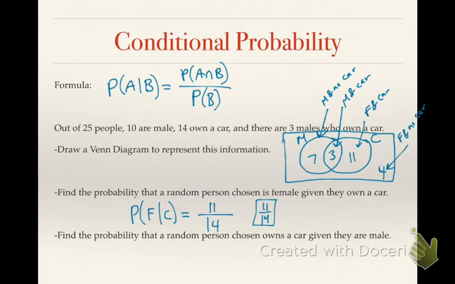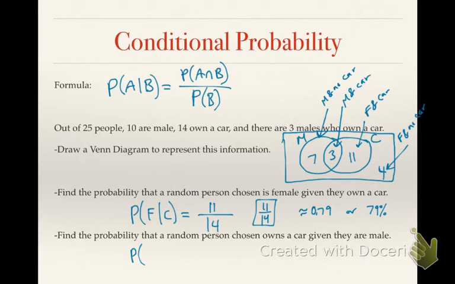But you might be asked to say percent or probability as a decimal. So if it says nearest hundredth, then it might be something like 0.79. Or nearest percent, you might ask to write as a percent, 79%. Just type in your calculator and find the decimal. Now let's look at the next one. Find the probability that a random person chosen owns a car given that they are a male.